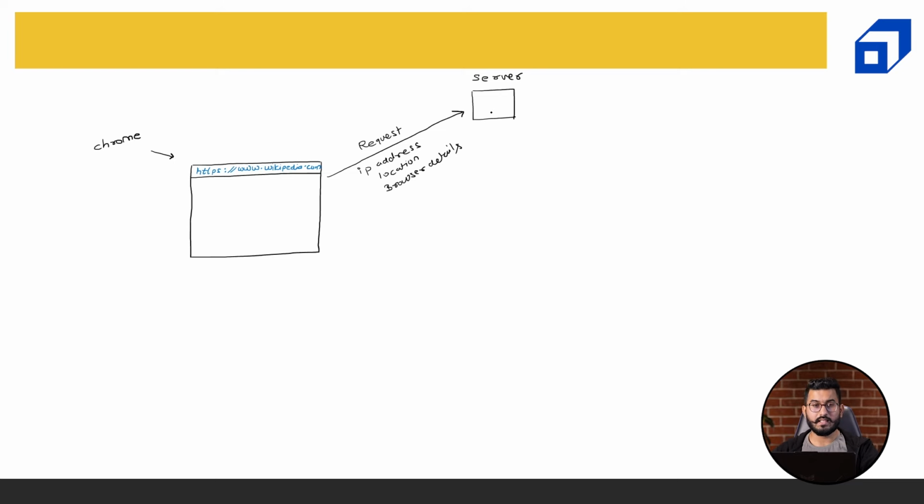Now, once the server verifies all your details, once the verification has been done, once the server is confident that you are a valid user and not trying to do anything suspicious, the server will return the HTML code of this particular website.